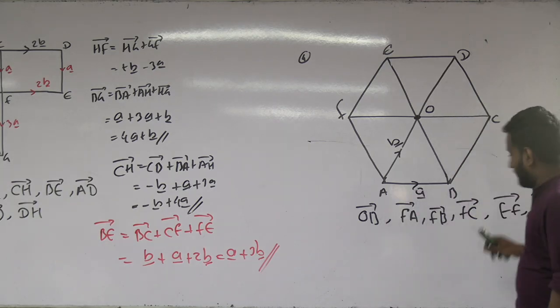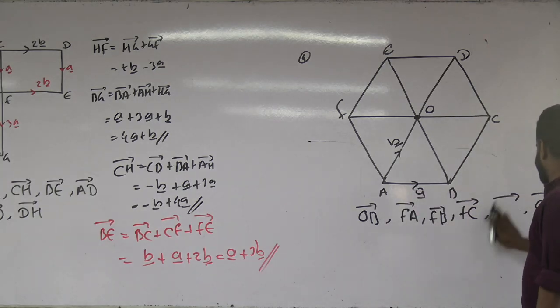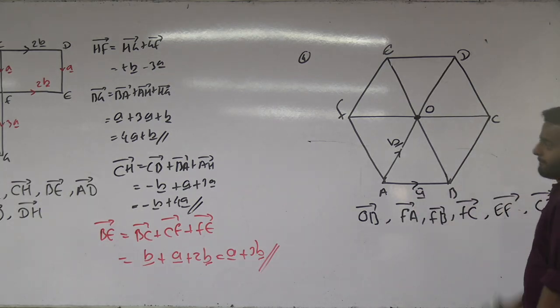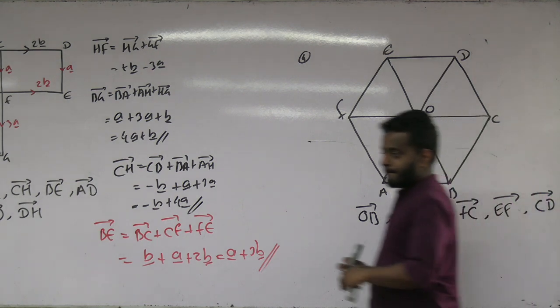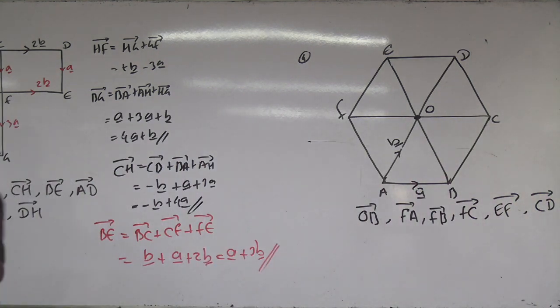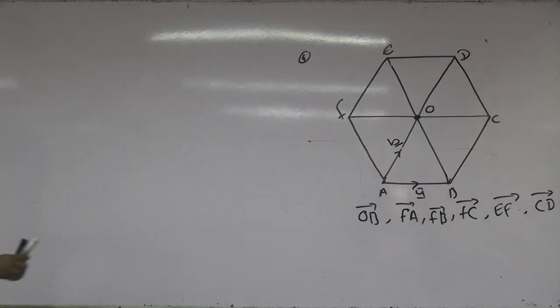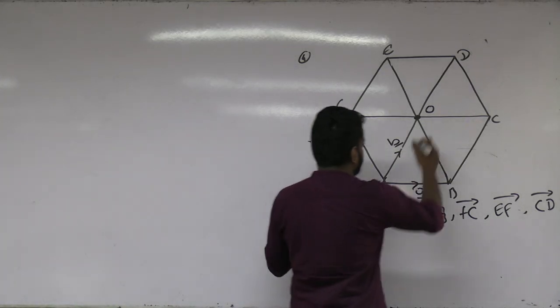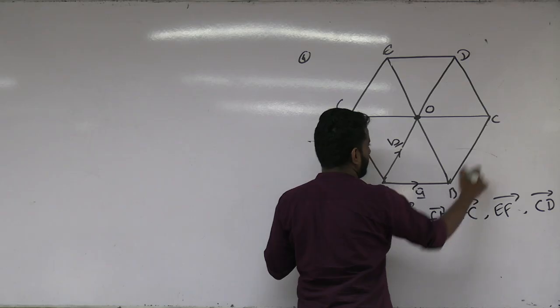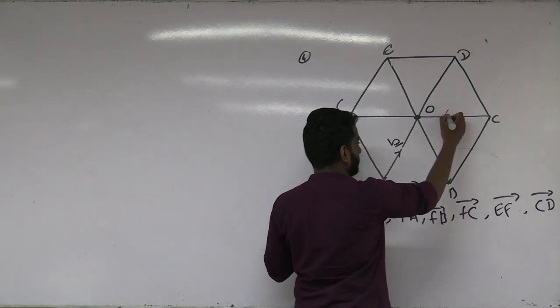This EF. Okay, so initially we'll mark the equal vectors. So considering the parallelogram A, B, C, O, this is equal to this.